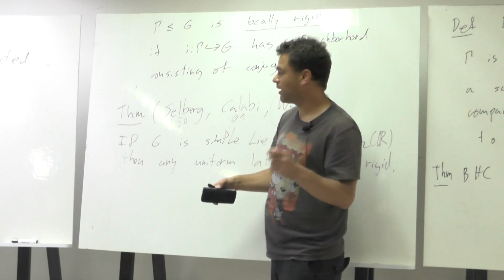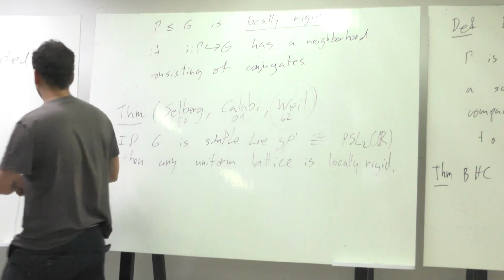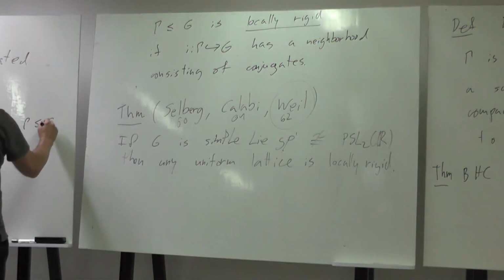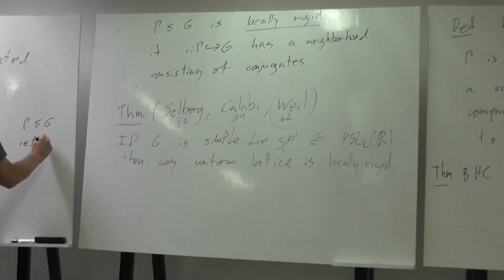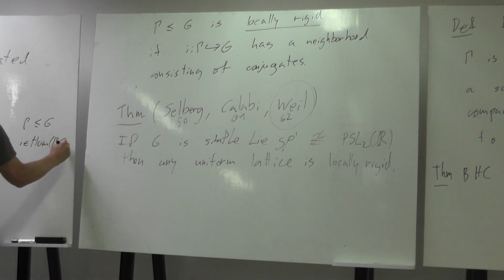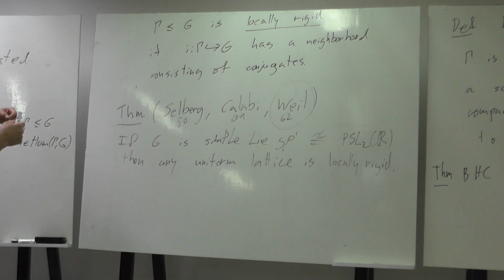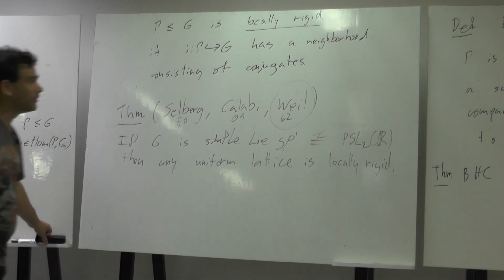If Gamma is a subgroup of G, then I is a point in Hom(Gamma, G), and it's the inclusion. Any homomorphism, if you deform Gamma slightly, so what does it mean to deform? You move a bit the generators, but you want any relation to be satisfied. Then you want it to be a conjugation.